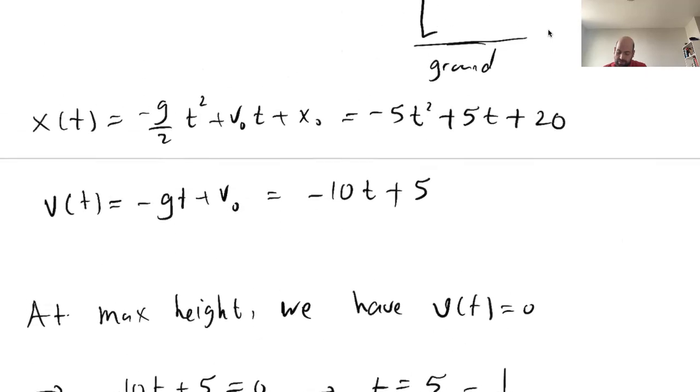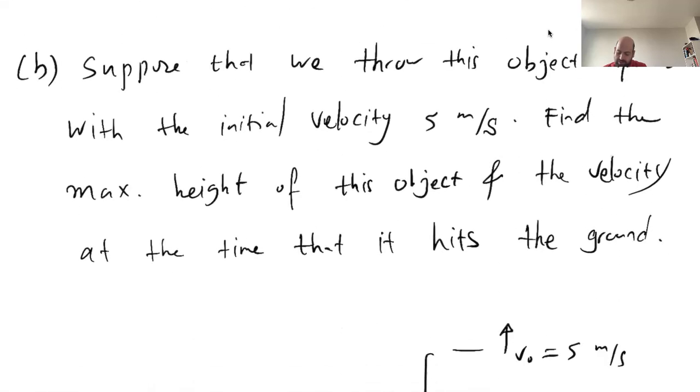And finally, we also want to find the velocity at the time that it hits the ground. So first let's find the time when it hits the ground. Lastly, the object will hit the ground if x of t equals 0.